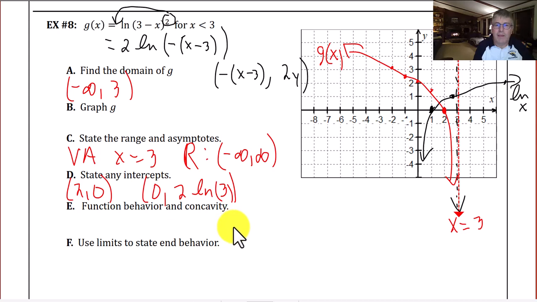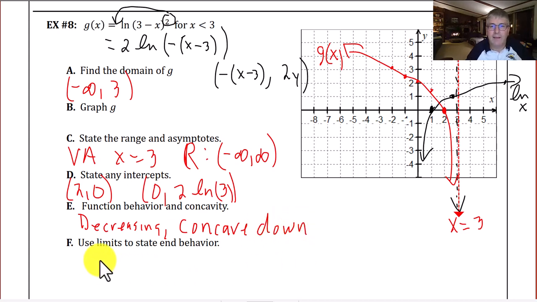The function behavior and concavity: our function is decreasing, but it's decreasing at a decreasing rate, and it is concave down. Use limits to state the end behavior.